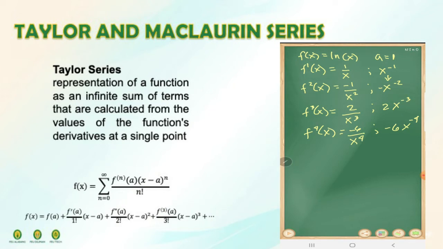Okay, since we need f of a, we have to find f of 1, which is ln of 1, equal to 0. f prime of 1? 1 over 1 is equal to 1.